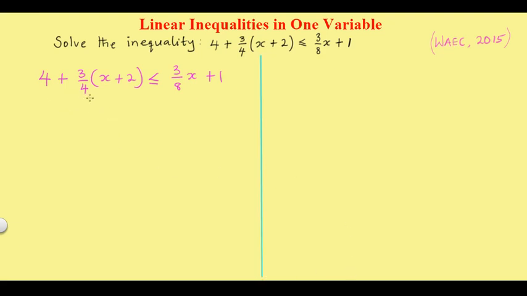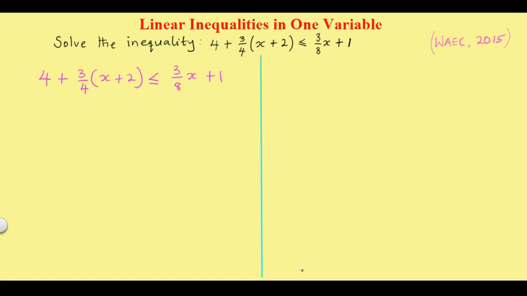So let's look at this. Here, the maximum denominator at the left hand side is 4. The maximum denominator at the right hand side is 8. Can we find the LCM of 4 and 8? Yes, that will give us 8.